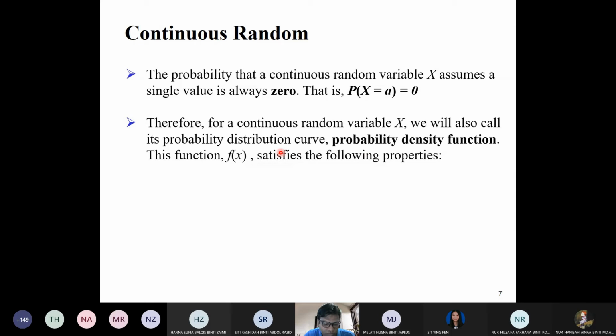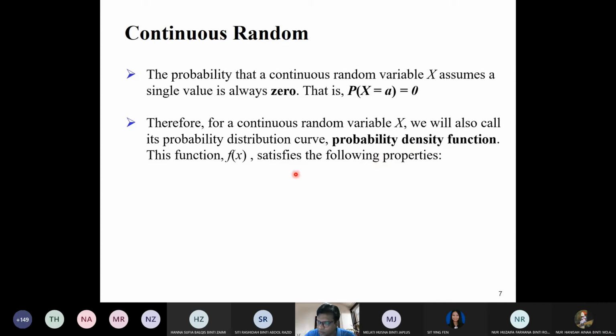All right, usually we illustrate it in the form of a curve. Not like discrete, it's different, since it counts based on intervals, so you have to use the curve. And it is also called the probability density function.